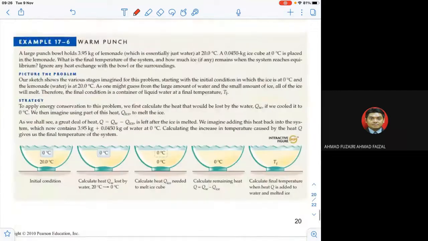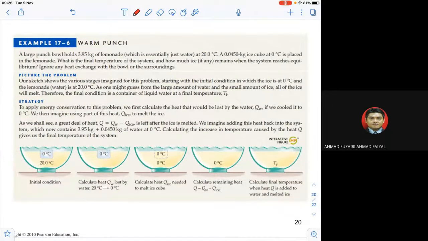Okay, so let's look at this one particular example. A large punch bowl holds 3.95 kilograms of lemonade, which is essentially just water. Okay, and water, that means liquid, at 20 degrees Celsius.